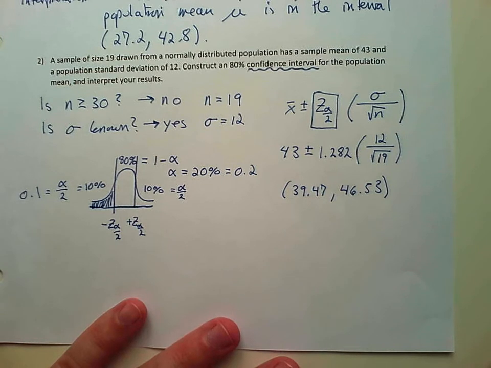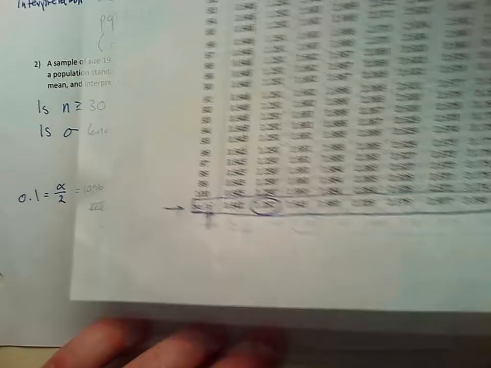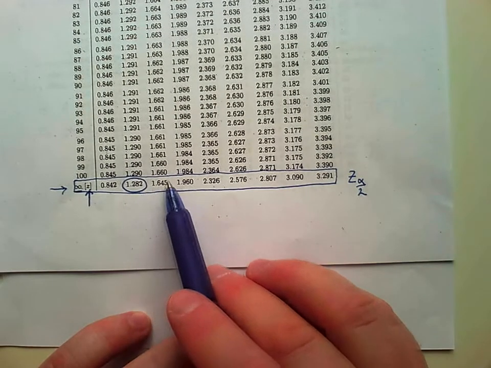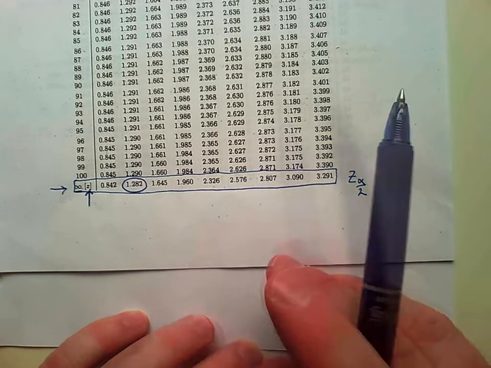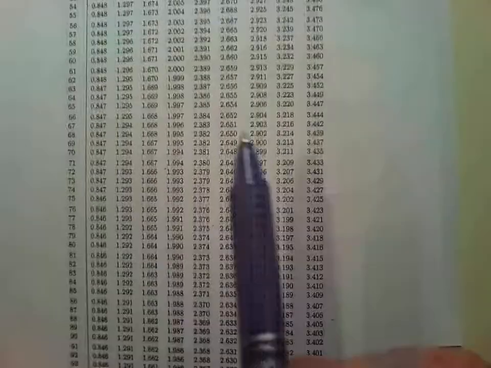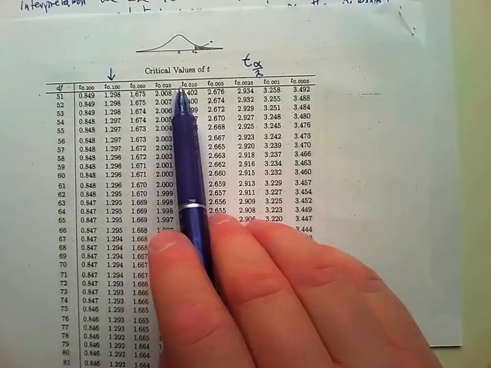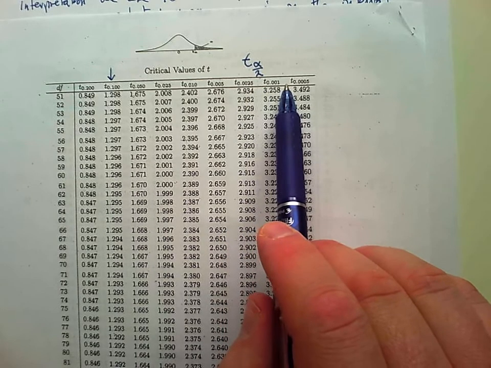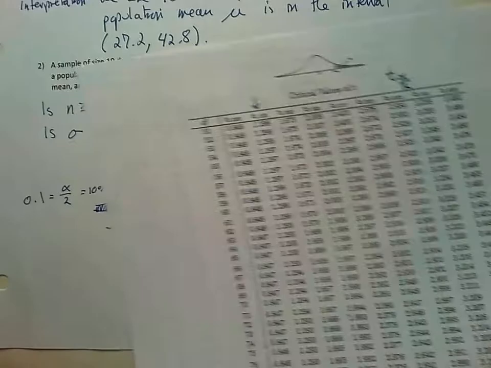However, I want to say two things about that. One is you should get in the habit of, if you can look up the z values on the t table, looking them up on the t table. And again, as long as we have very commonly used alpha divided by 2's, we can use this t table to do that.